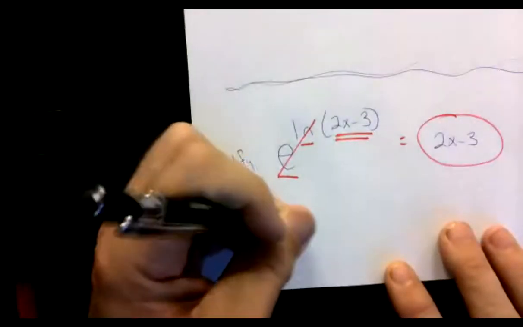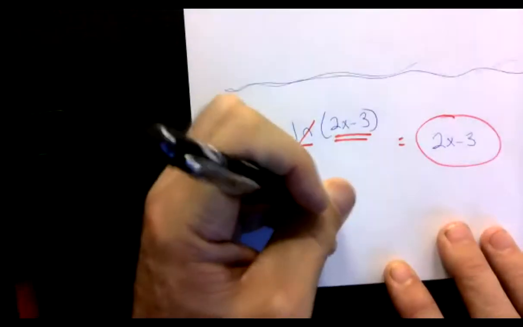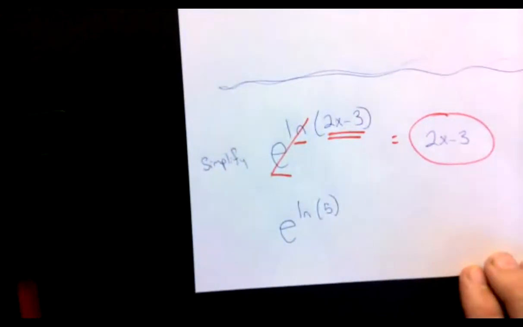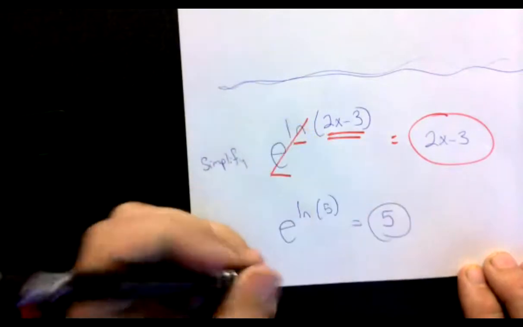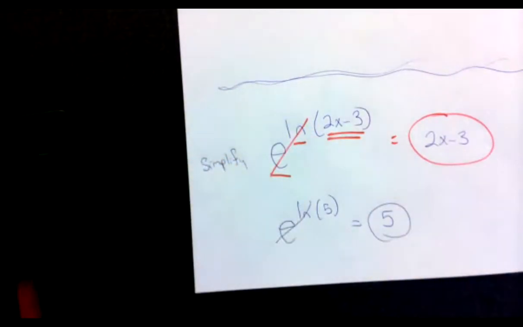So again, e to the natural log of something is always just going to be that thing. That e and that natural log cancel each other out.